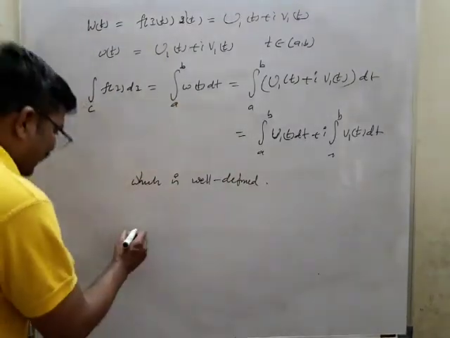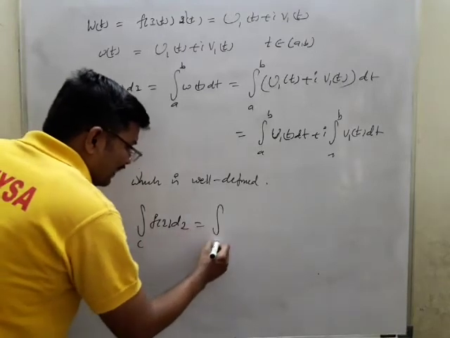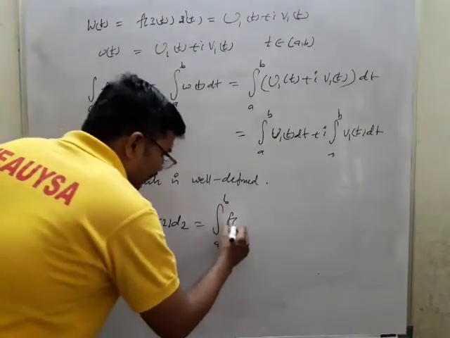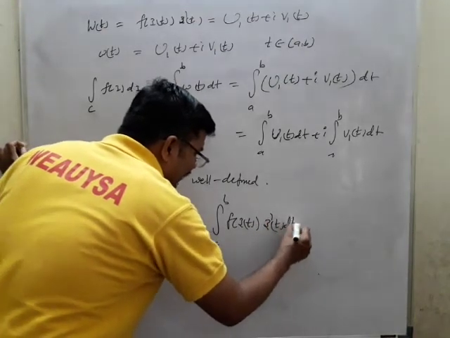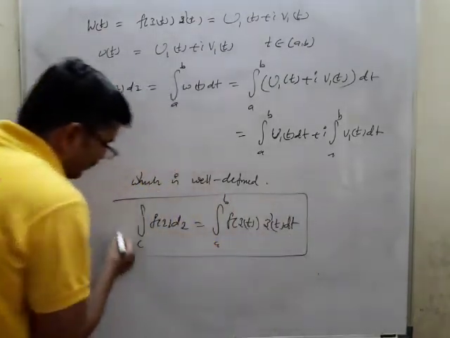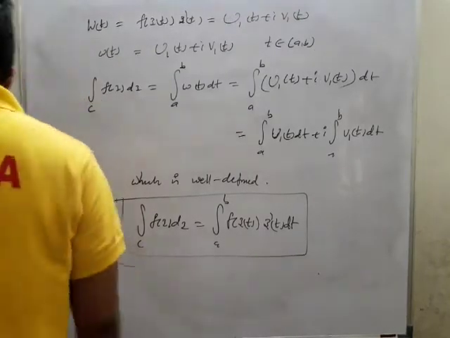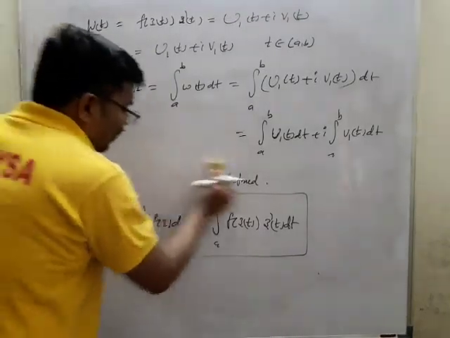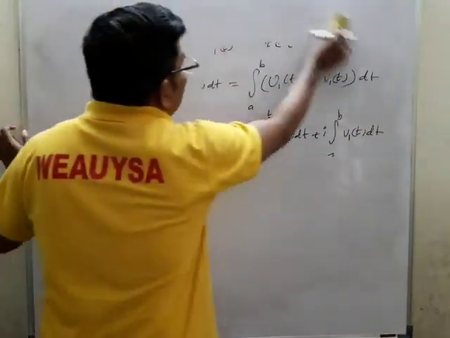So we can say the integral over C of f(z) dz can be taken as the integral from a to b of f(z(t)) z'(t) dt. This is how we can make use of it to do the problem. So let us do one problem so that you'll understand how to use this. It's very simple.